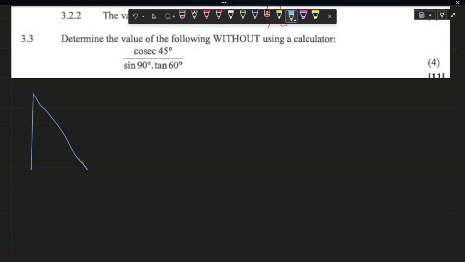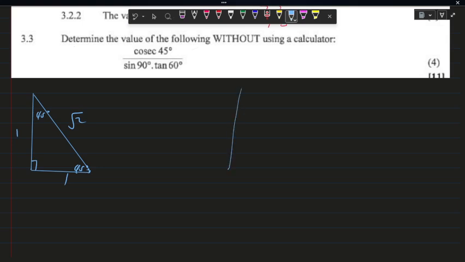Okay, so we will recall that one of the triangles is the 45-degree triangle. So 45 degrees, 45 degrees, it's 1, 1, and then this is root 2.